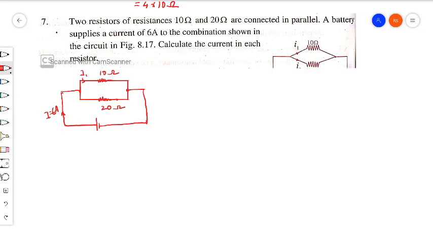Let the currents be I1 and I2. Say V is the potential difference applied.